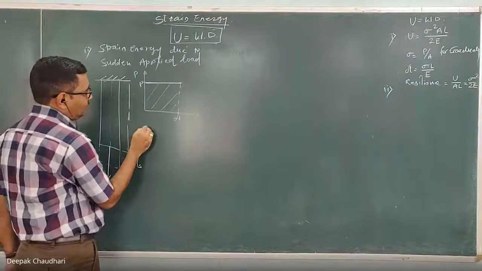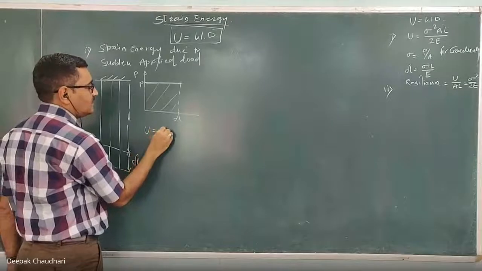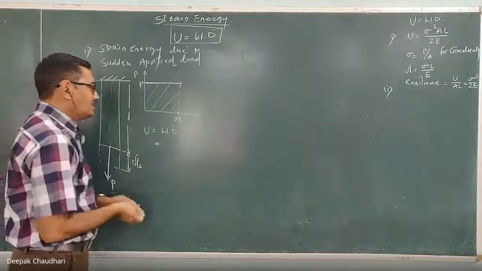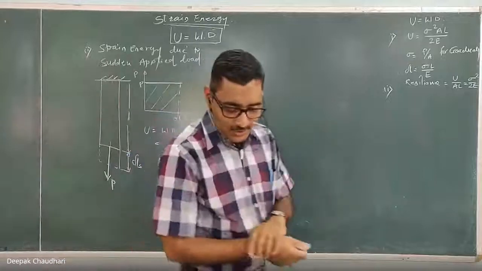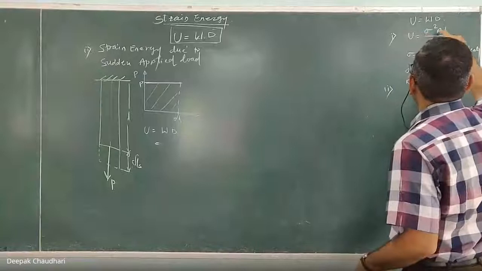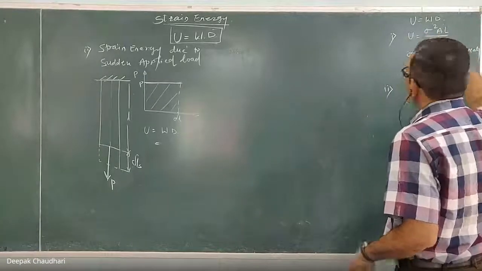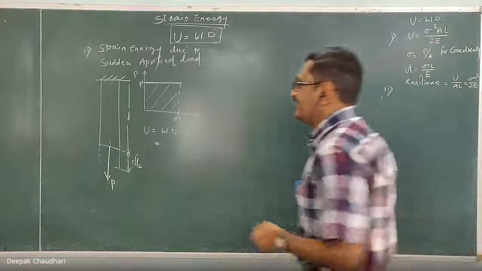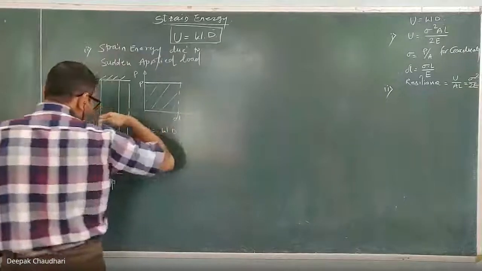Now we know that the strain energy stored equals the work done. The strain energy stored is sigma square AL upon 2E. The same formula can be written here, only the stress is the stress induced because of the sudden applied load.